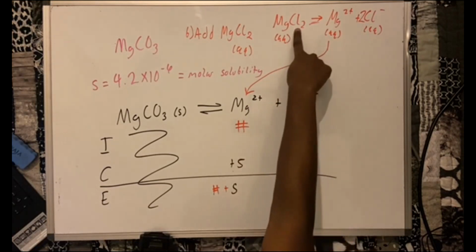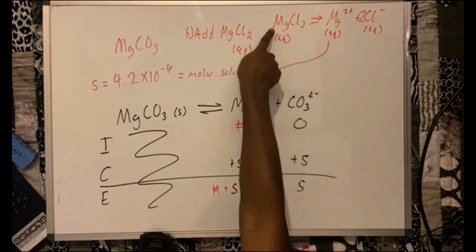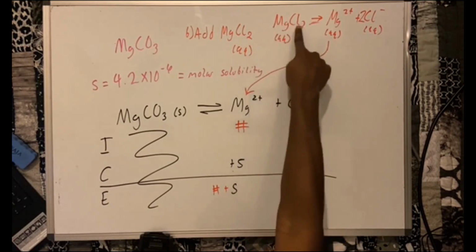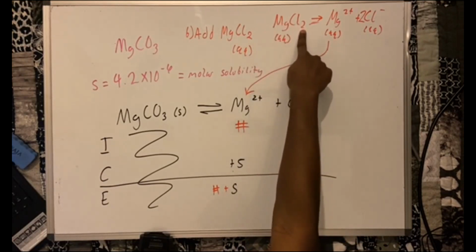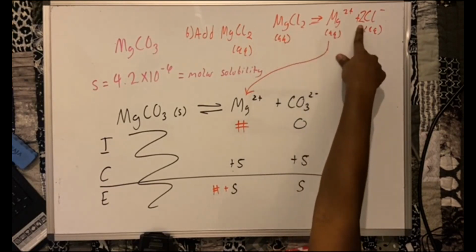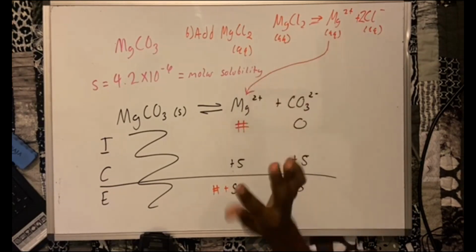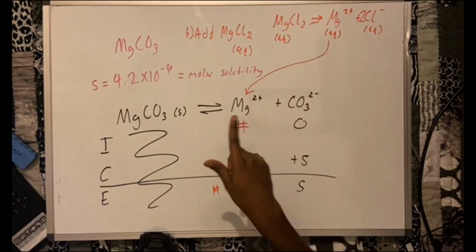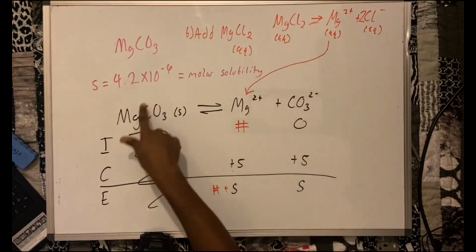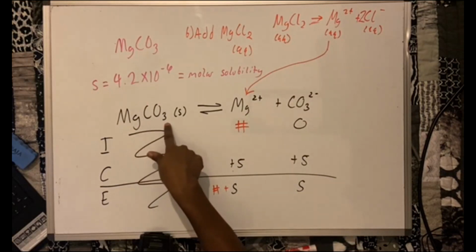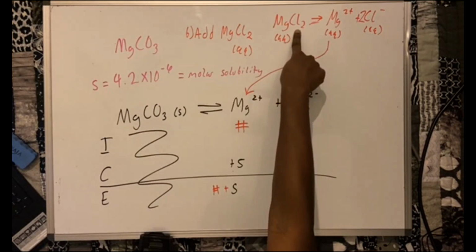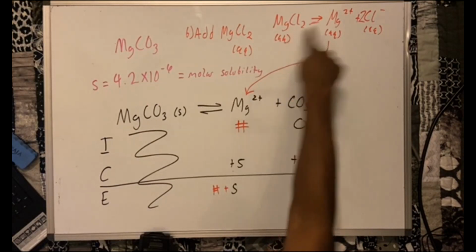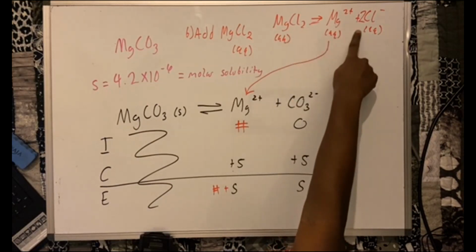Up here, I have to remember Mg has a charge of +2, and if I remember that Cl has a charge of -1, then I know that that 2 is significant. I guess that was a tirade to not answer your question. The main point is I knew that this is a polyatomic, so the CO3 stayed together. Up here, that's just a regular chlorine atom, and I know I have 2 chlorines, so I'm going to break that off. I think that was actually what you were asking me, and I went off on a tirade.